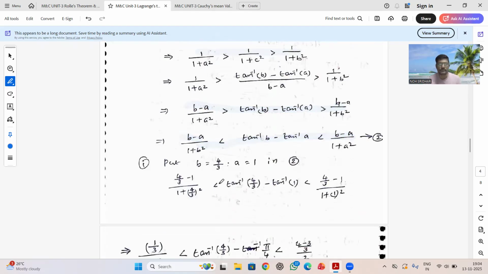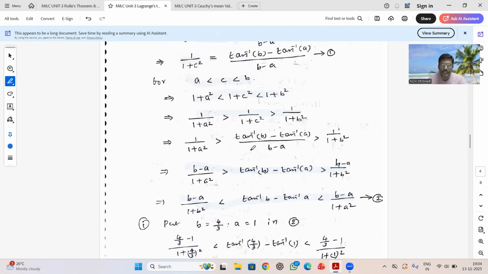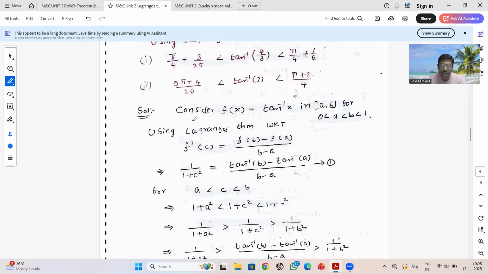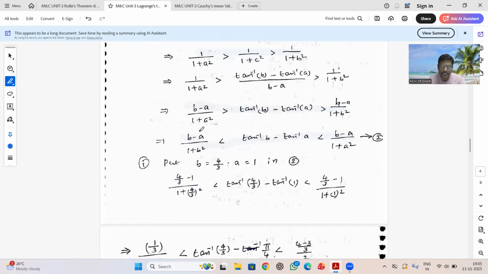Now, hence deduce. Now to deduce the values, clearly what we need to prove? Tan inverse 4 by 3. So in the place of b we need to substitute 4 by 3 and in the place of a we need to substitute 1, because tan pi by 4 is equal to 1. Here pi by 4 appears, therefore a equals 1. So we need to observe this.